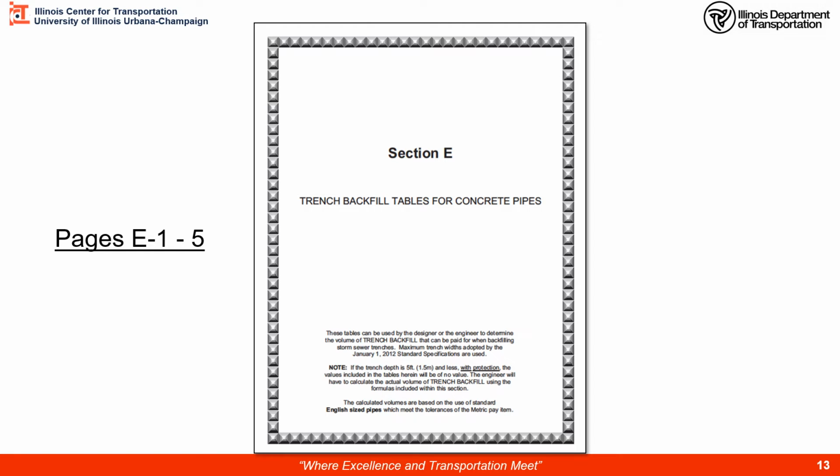First of all, these tables can be used by the designer or field engineer to determine the volume of trench backfill that can be paid for storm sewer trenches. Again, this must be a concrete pipe to use these tables, and the trench must be wider than the minimum width.